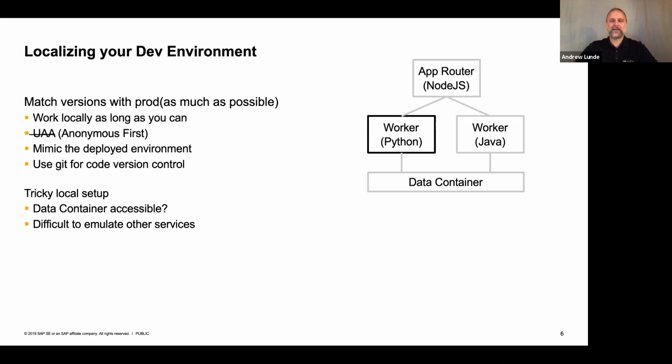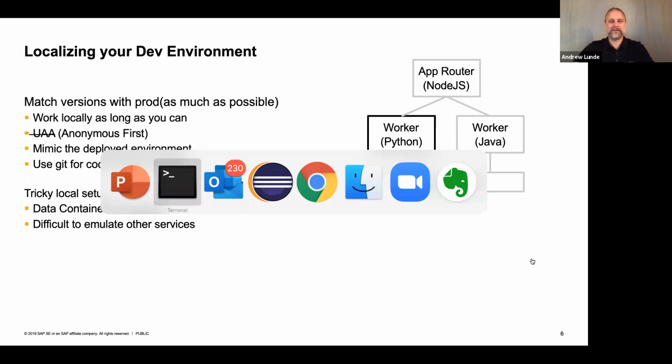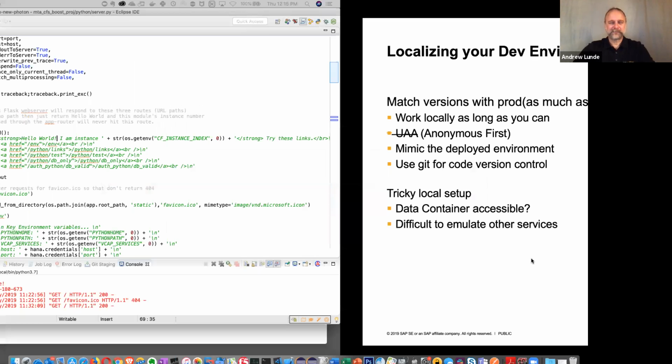So in this case, I'm going to focus on this Python application, and I'm going to use Eclipse as my IDE. Now, again, keep in mind that it doesn't have to be Python. It doesn't have to be Eclipse. The same principles apply. If you do a lot of your work in coding locally, then it's very fast just by nature. So let's go flip over to Eclipse.